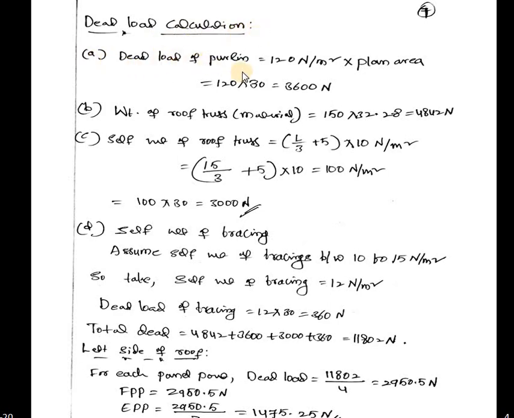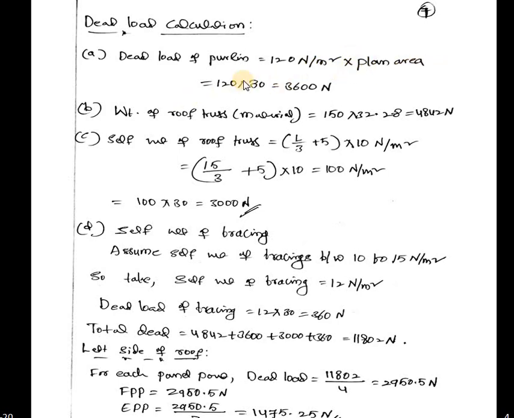So coming to total dead load, how to calculate total dead load? First value is purlin dead load, we should know. How to calculate purlin dead load? Self weight is 120 Newton per meter square, but this load we should convert into point load. If it is a uniformly distributed load, then we should multiply it with plan area.